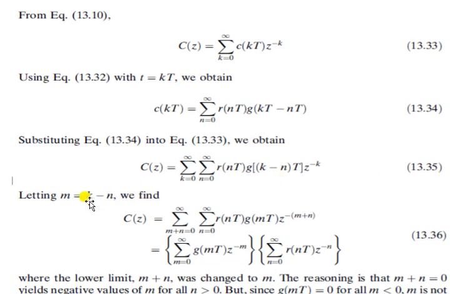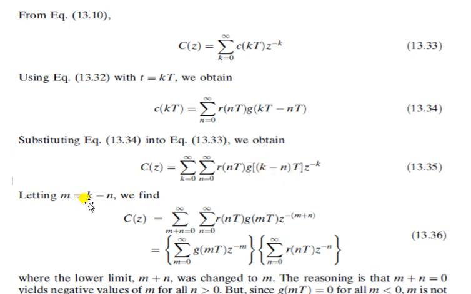Now if we put m equal to k minus n into this, so if you try to calculate here k, k will be equal to m plus n, and we know k equal to 0, so we can write m plus n equal to 0. We can put this here, and this n equal to 0 as it is we can write here, and this r n of t g into, now again see this k, because this k value is 0, we can directly put here 0 minus n into t.